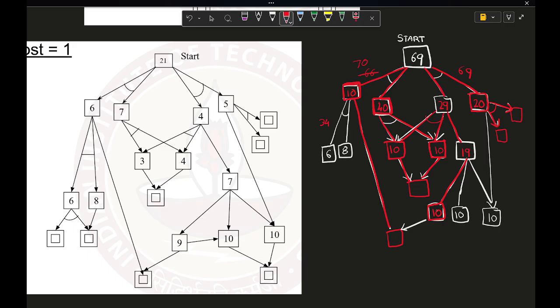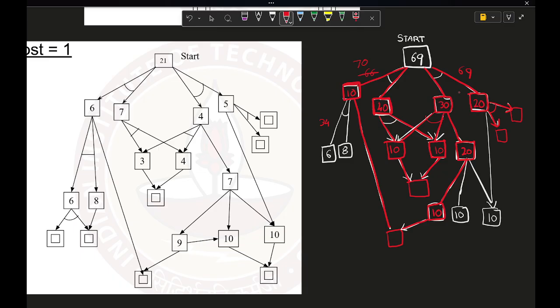H cost is 10, right? Yeah, that's why 10. So this becomes 10. Now because this is 10, this would end up becoming 20. And it would also be marked as solved. Now because this is 20, this would end up becoming 30. And this would also be marked as solved.